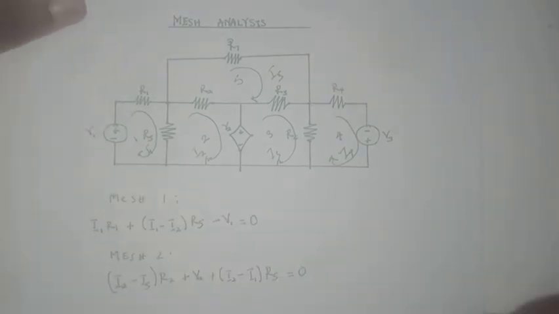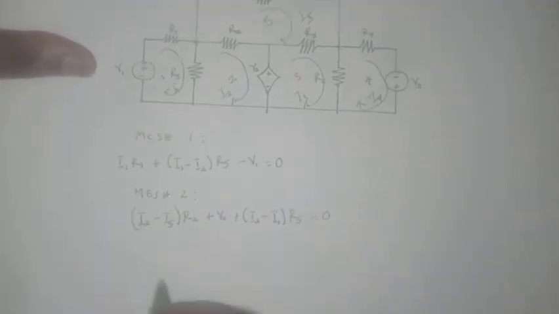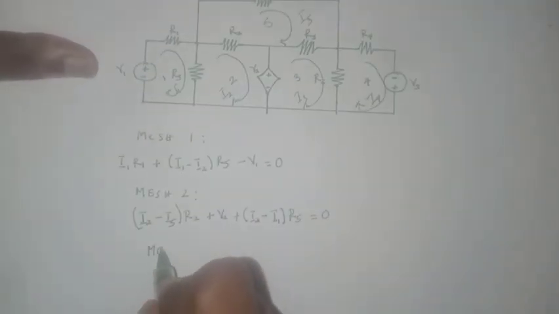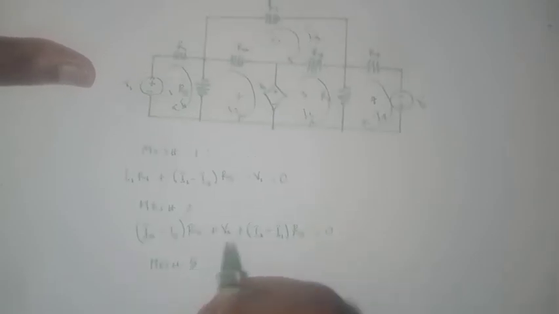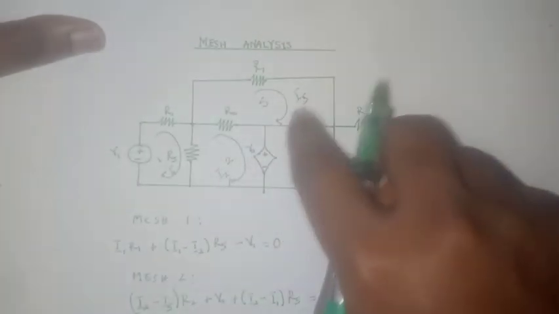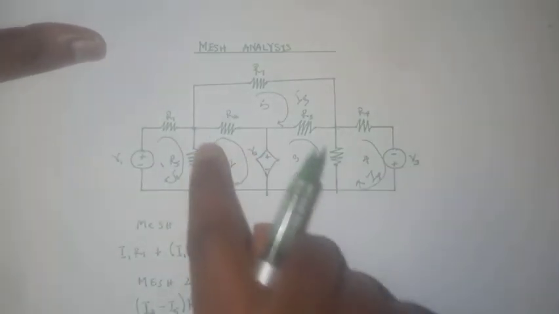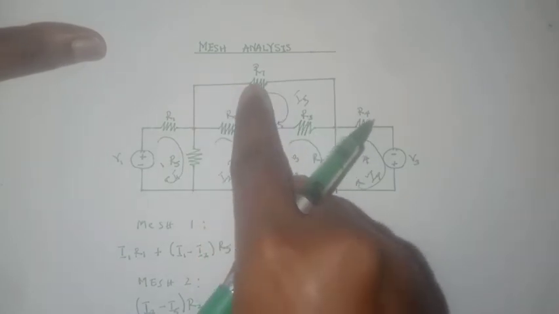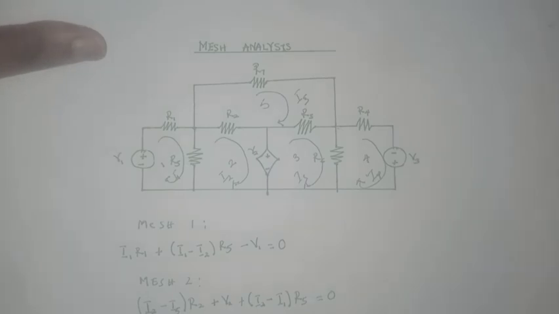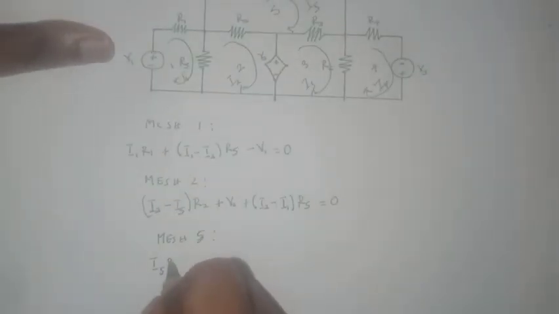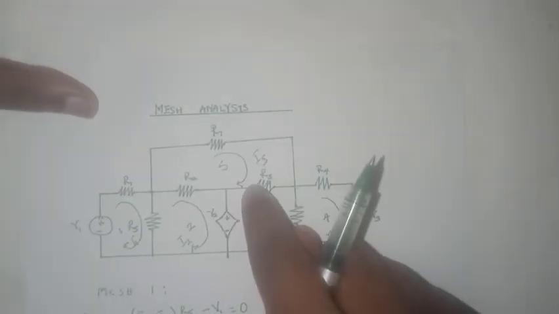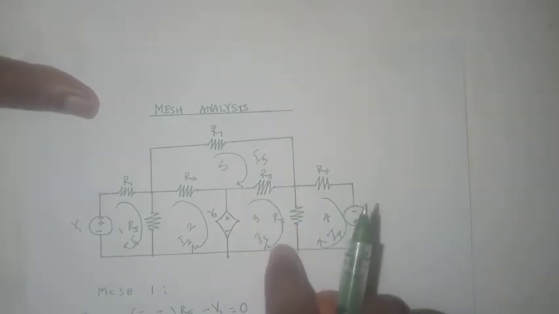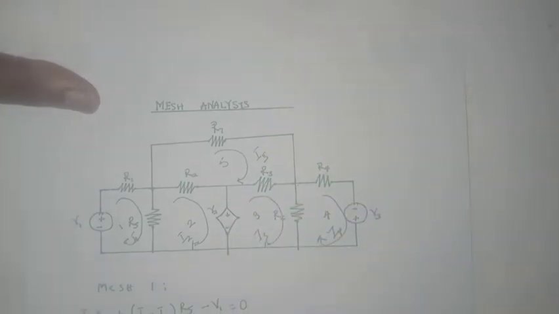We then want to write the equation for the fifth mesh, that is mesh 5. So we have the current flowing in this direction. The first voltage drop is I5R7. Then the current I5 flows through this resistor R3. R3 opposes the I5 current.